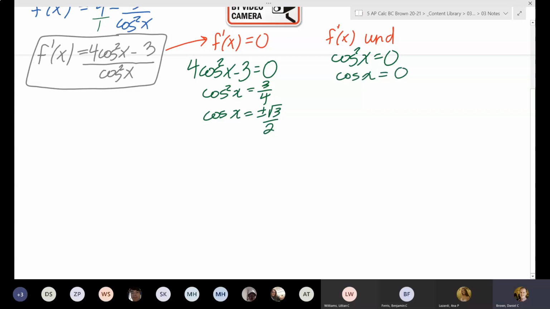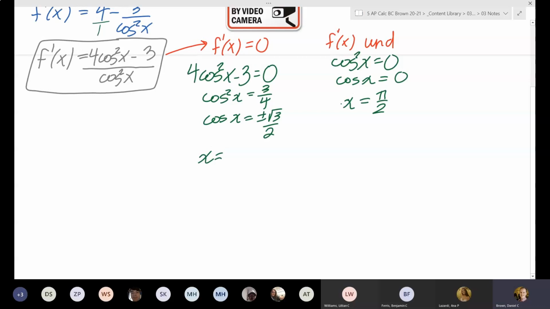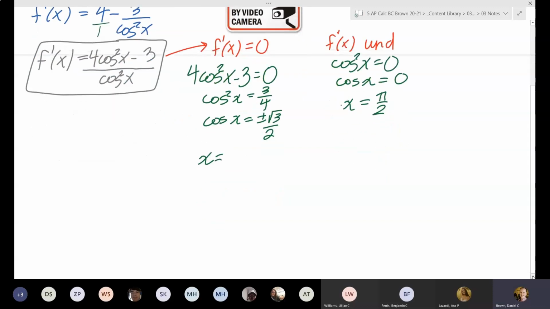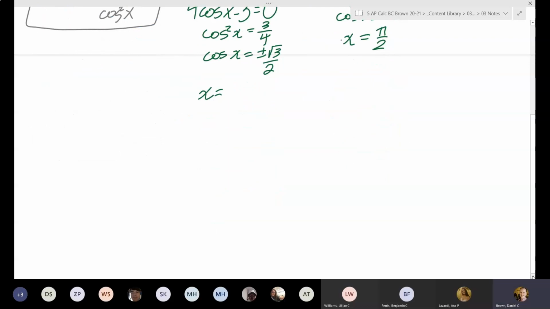And then now we can find our actual angles, which in this case is going to be our critical points. Cosine is equal to 0 at, of course, pi over 2. And cosine is equal to the square root of 3 over 2 in two places. Again, we do want to remember that this does have a restricted domain. So I only want answers between 0 and pi. Well, cosine does happen to be equal to either of those values twice there.